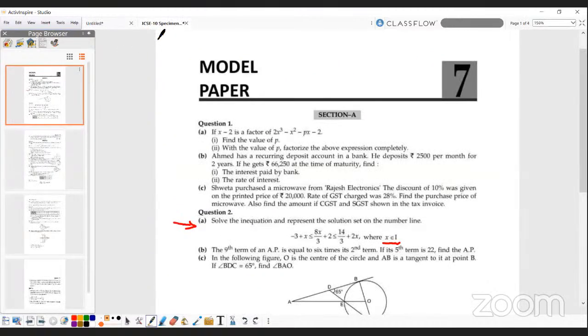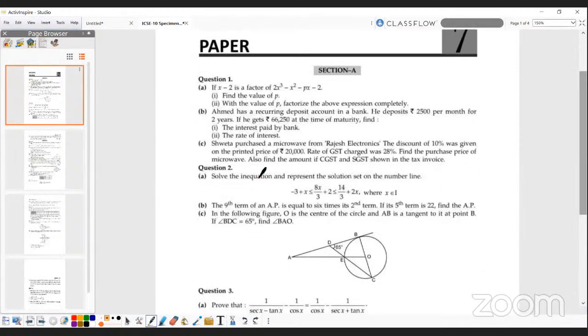Try doing question number 2 B part related to arithmetic progressions. What is given? The ninth term of an AP is equal to 6 times its second term, and the fifth term is 22. You have to find the AP.